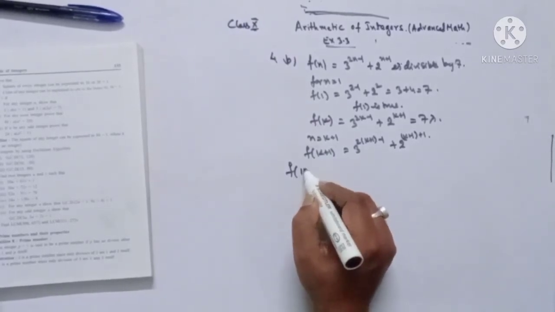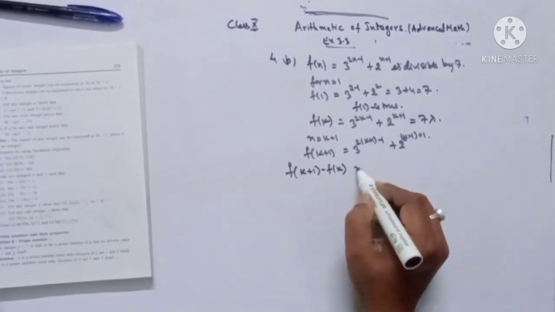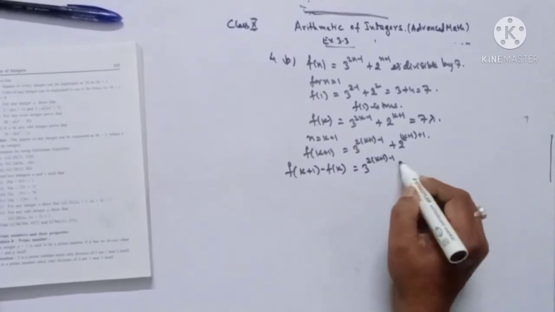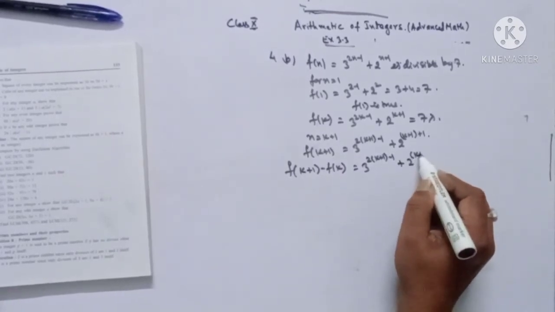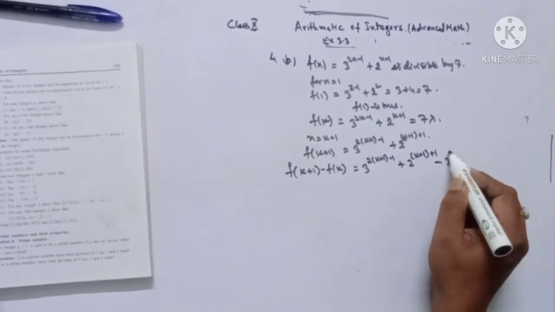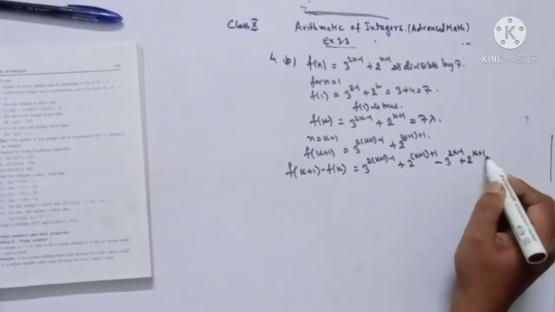So here again you have to prove that this is divisible by 7. So fk plus 1 minus fk will be equal to 3 to the power of 2 times k plus 1 minus 1 plus 2 to the power of k plus 1 plus 1 minus 3 to the power of 2k minus 1 plus 2 to the power of k plus 1.